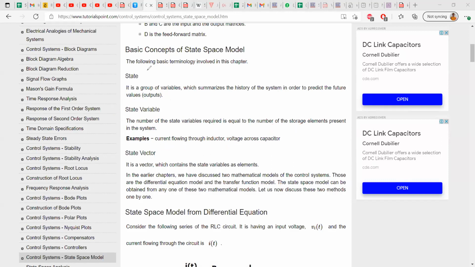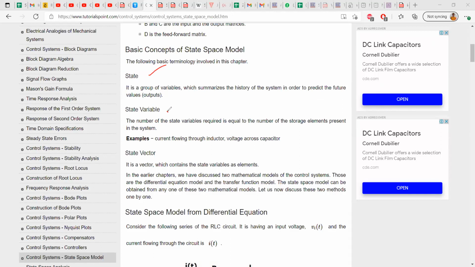And the state is a group of state variables which summarizes the history of the system in order to predict the future outputs. That is called state.